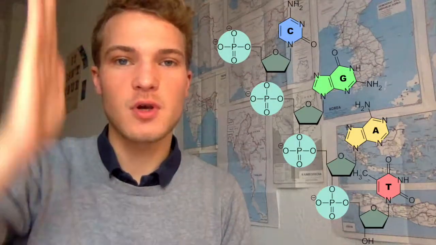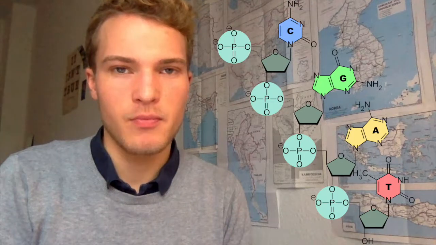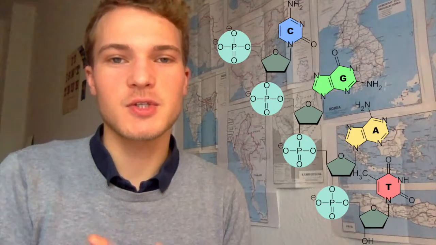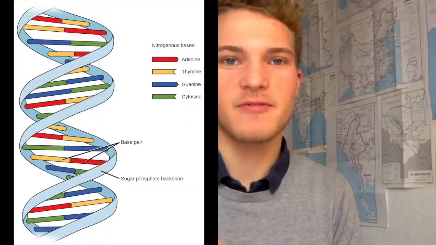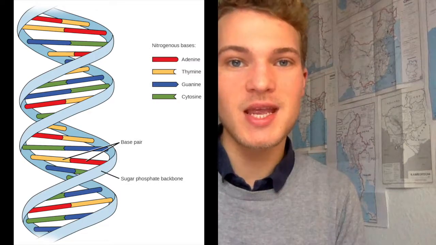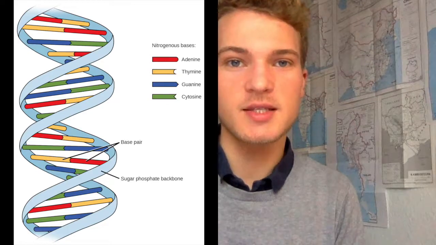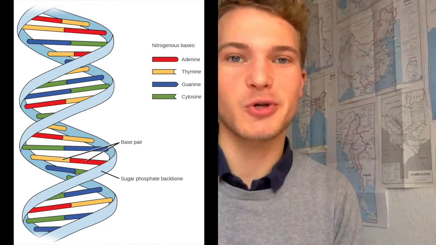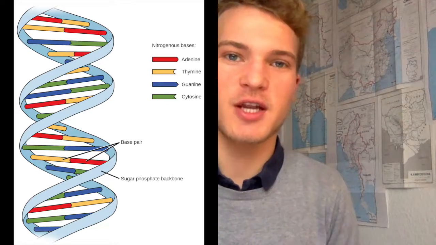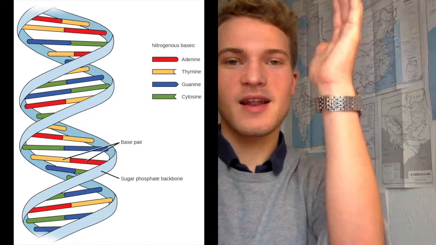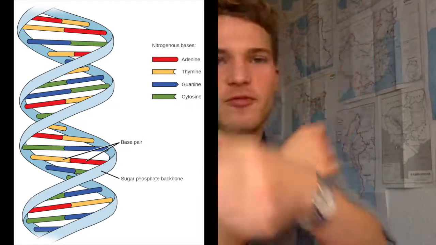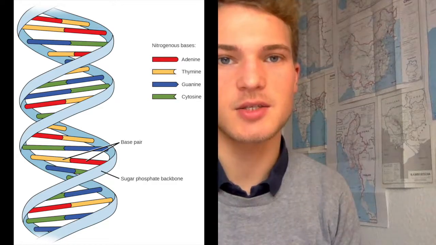And that forms a chain, essentially. But for DNA, what also happens is that we have hydrogen bonds between the nitrogenous bases of one of these strands with opposing nitrogenous bases on another strand. So we have a ladder, and that ladder is actually wound, so we have what's called a double helix structure.